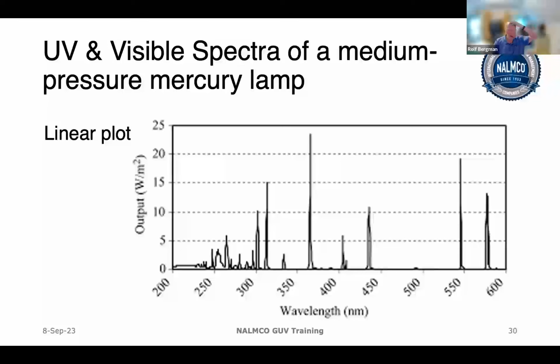It varies, but notice that even for water and those kind of things, emission at, well, not 365, but 300 and 310 are effective germicidal. So medium pressure mercury lamps are effective for that application.